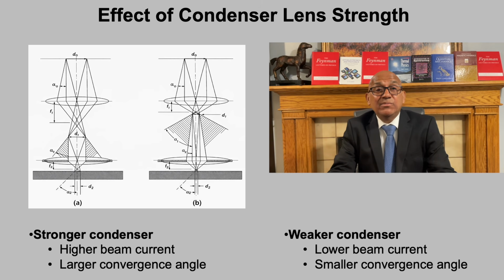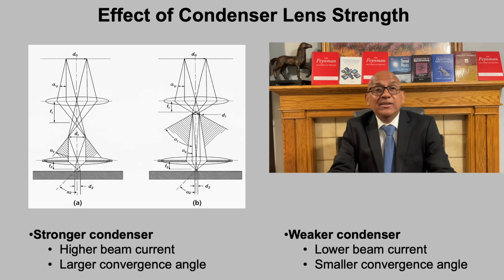At the same time, the beam arrives with a smaller convergence angle, meaning the rays are more nearly parallel. This condition is often preferred for high-resolution imaging, because the smaller convergence angle reduces aberrations and improves probe definition.